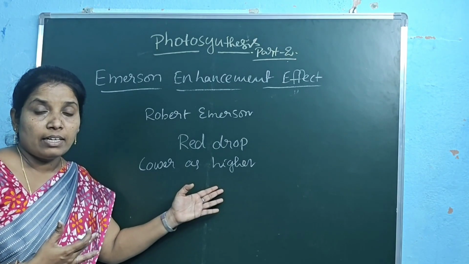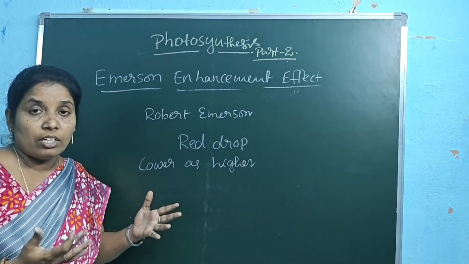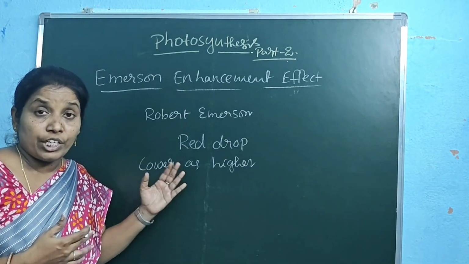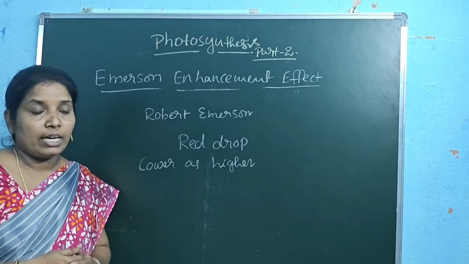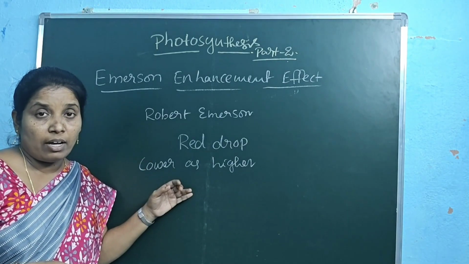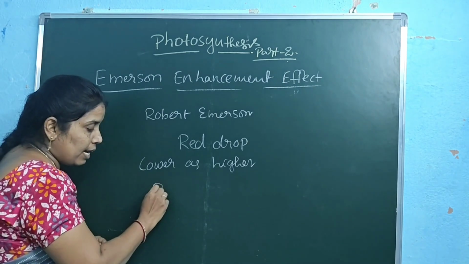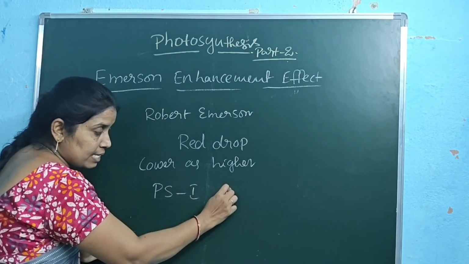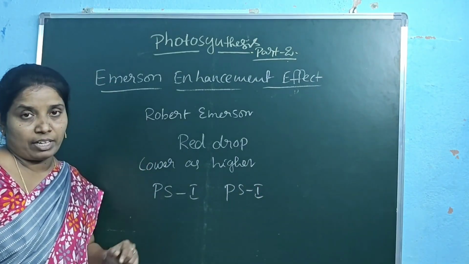He observed that the photosynthetic rate is drastically increased, higher than the individual rates of both the wavelengths. Okay, so this led to the discovery of photosystems. PS1 and PS2 were discovered based on the Emerson Enhancement effect.